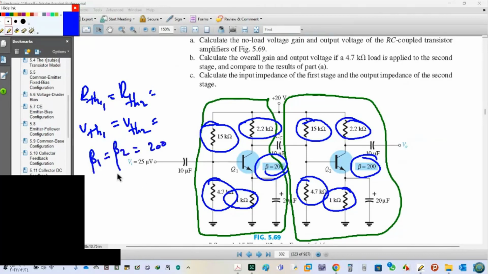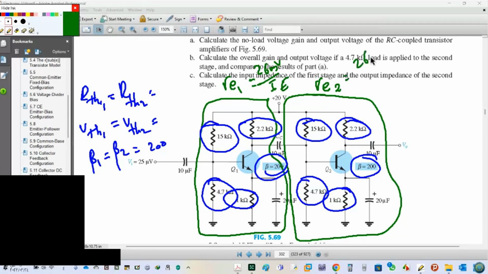Why is this? Because for each one you have to calculate R Thevenin and V Thevenin, then calculate IB, then calculate AV. You have to calculate for each one, and don't forget RE. So RE1, RE2. RE is 26 millivolt over IE.